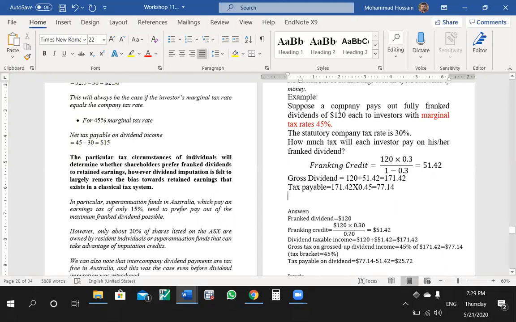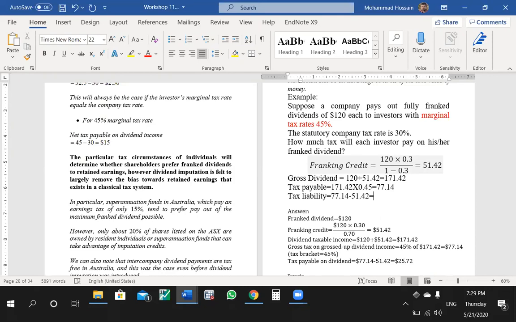How much tax has been paid by the company? 51.42. Okay. Now you write tax liability will be equal to 77.14 minus what the corporation already paid, 51.42.